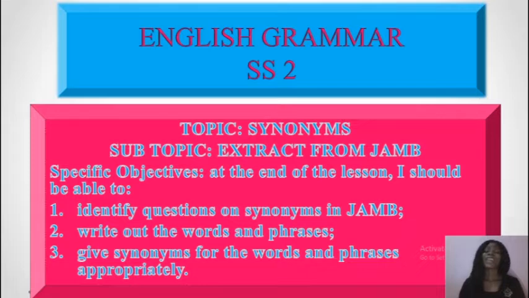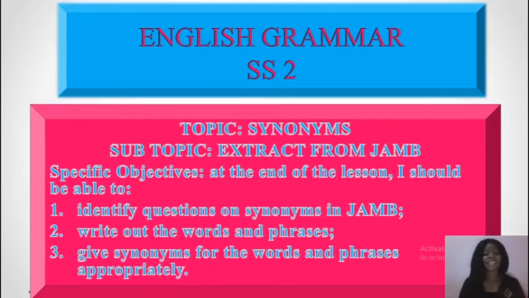Now, don't forget that synonyms are simply words that are near, close, that have similar meanings. Now, like I would always tell you guys, most words in English language can be interchanged so that some other words can actually fit in and mean the same thing. So that is what we are going to be looking at today.